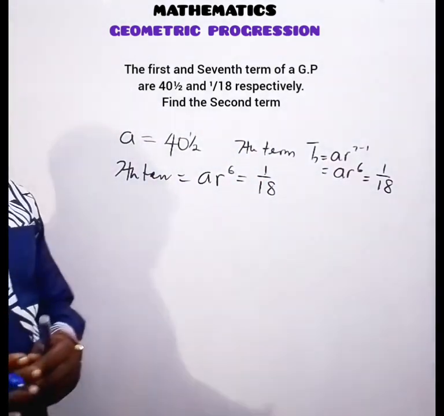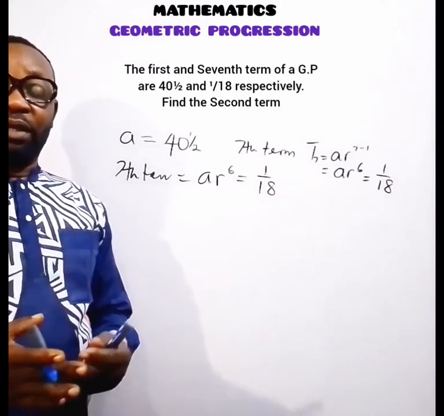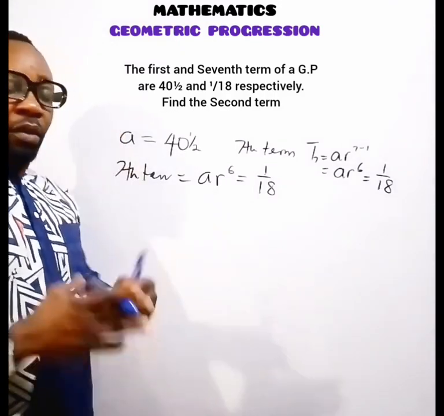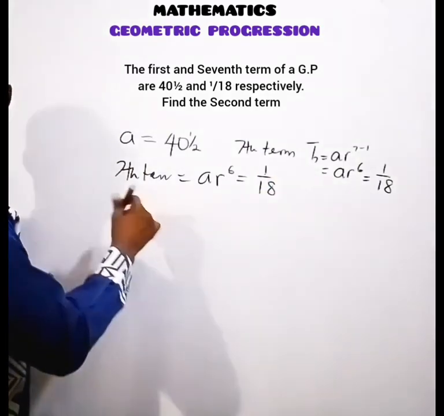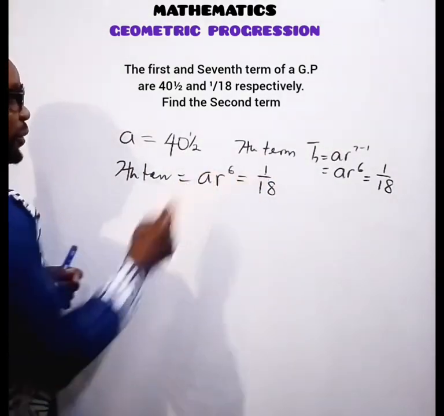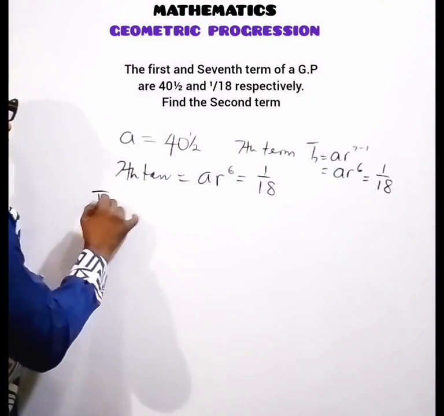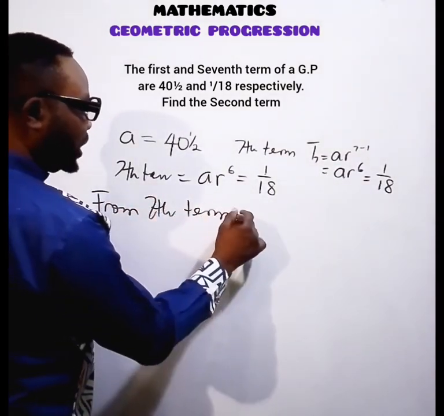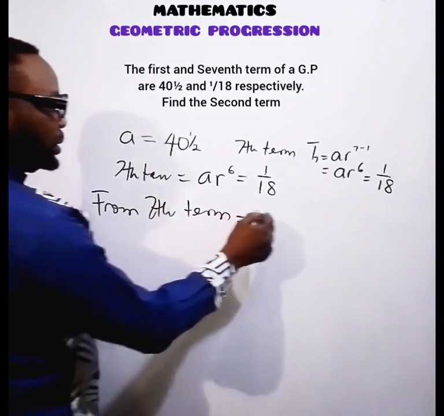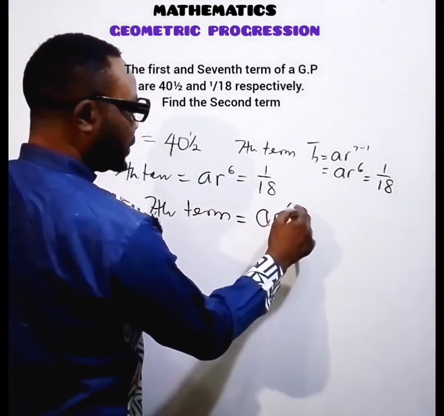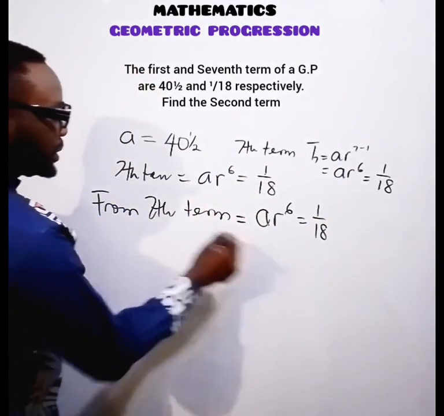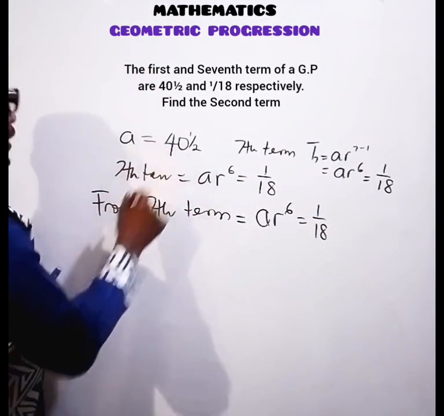Now, we are asked to find the second term. We are not given the common ratio, but we can work it out. How do we go about that? From the seventh term, which is given as ar raised to the power 6 equals 1 over 18, what is the value of our a?